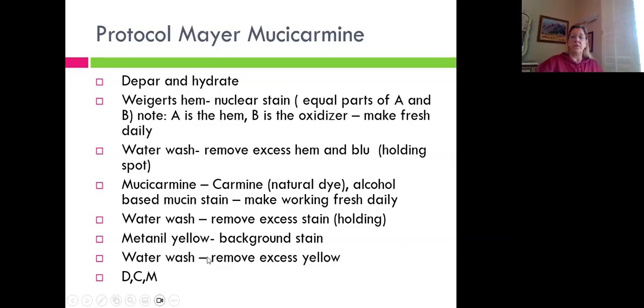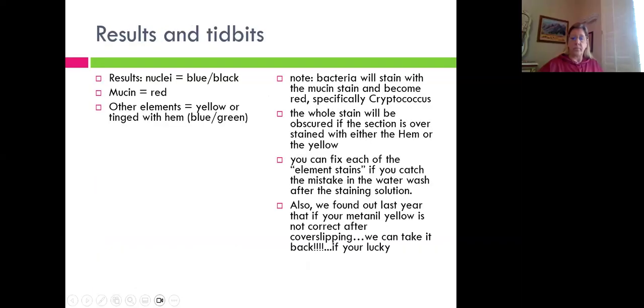You're going to water wash after your methanol yellow. I just go real quick, bloop, bloop, bloop, and move on. Then you're going to DCM. So your results: your nuclei are going to be blue-black, your mucins are going to be red, and other elements are going to be yellow or slightly tinged with that Weigert's hematoxylin.